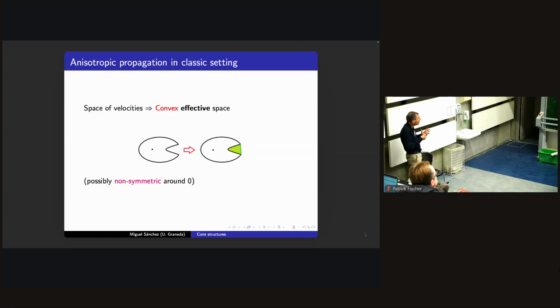And so we will have such a convex hypersurface of velocities. Notice that the zero vector is not in the center, because perhaps going in one direction is different from going in the opposite direction.